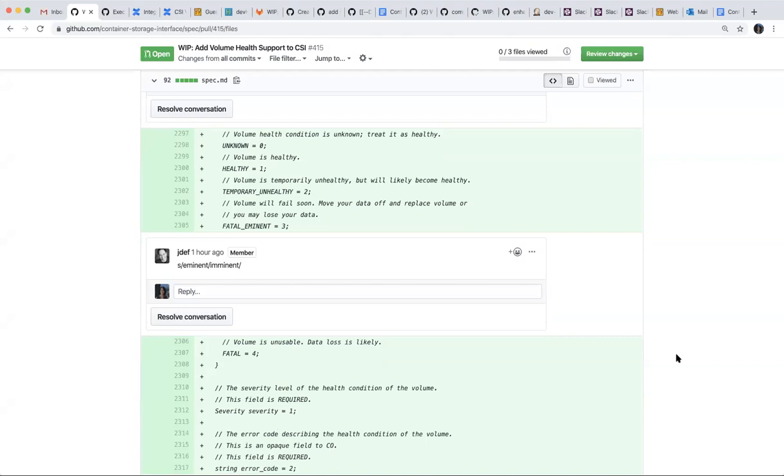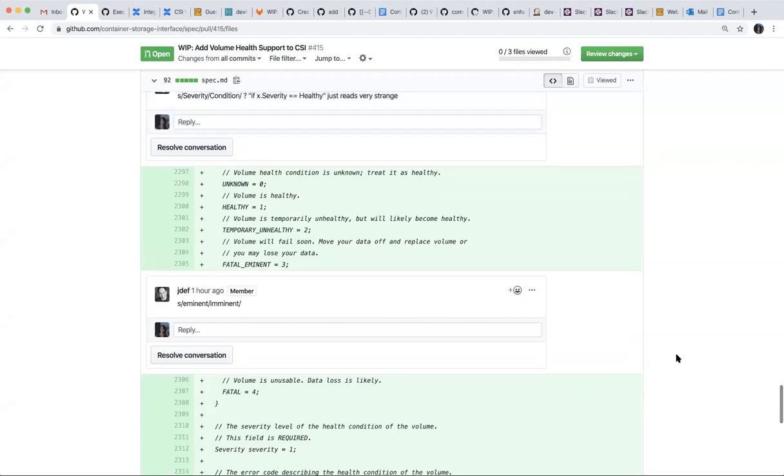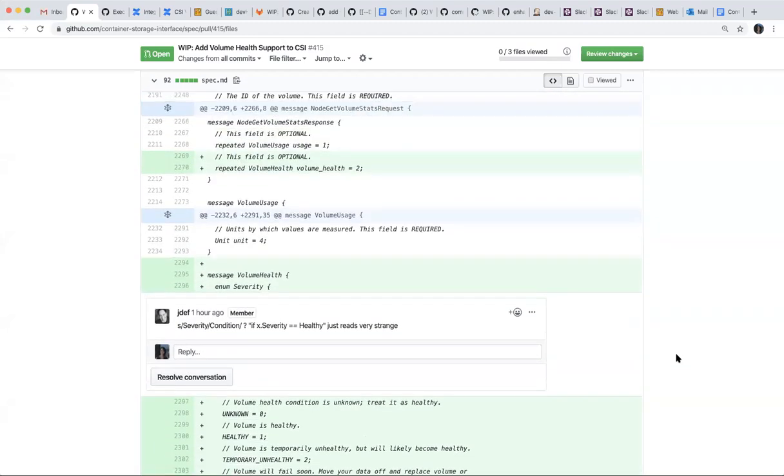So I'm just thinking about it from our driver point of view. We have both controller and node plugins. The controller side will be communicating with the storage system to get all the health information from the storage system itself. But from the node plugin, we will not be communicating with the storage system directly. It will just be getting information from that node specifically.